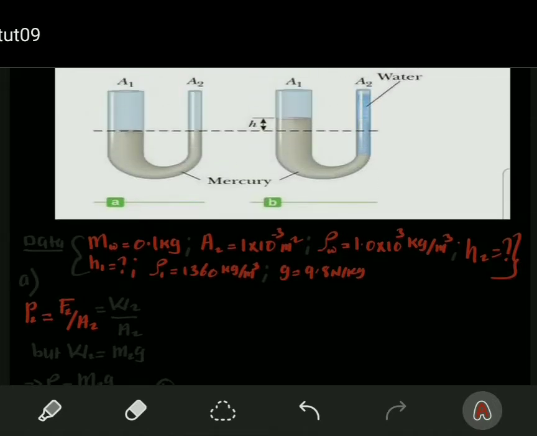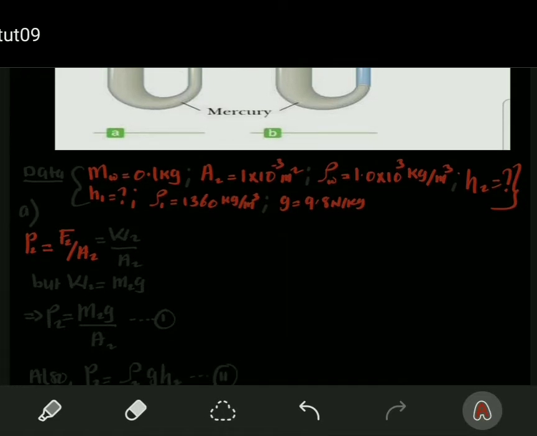Now, what is F2? In this case, the force that leads to a pressure for a particular fluid is simply the weight of that fluid. We have 0.1 kgs of water, so the force that constitutes the pressure will simply be the weight of the water, divided by the area of the column.